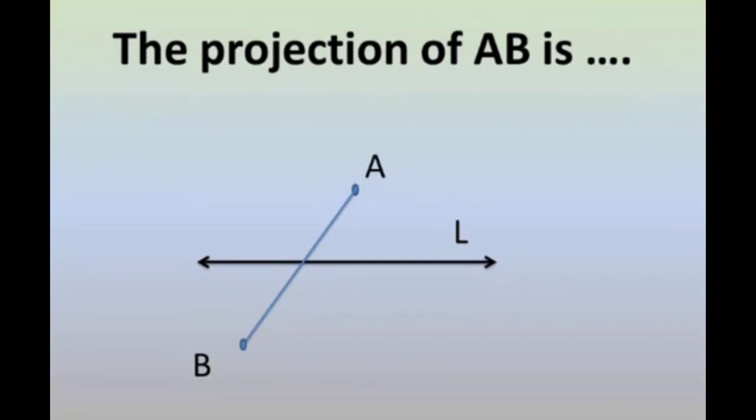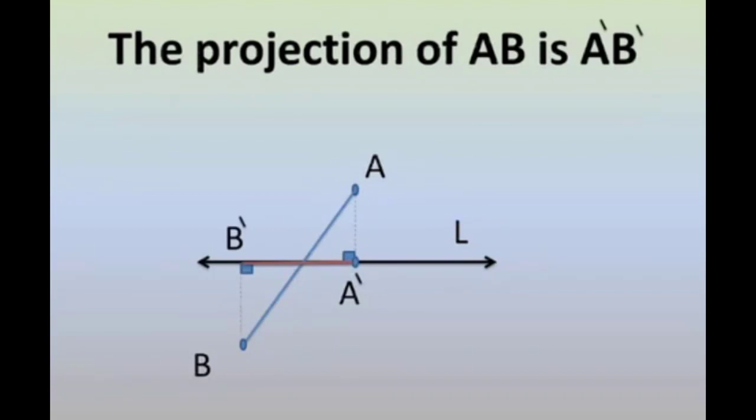Next one, the projection of line segment AB on the straight line L. We make two projections of its two terminals. Point A has its projection A dash, and point B has its projection B dash, like this.